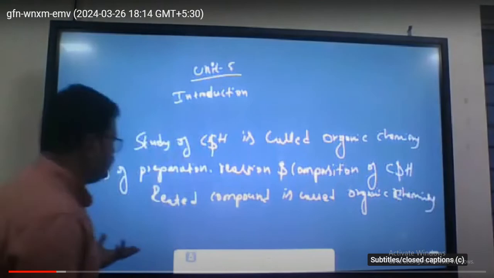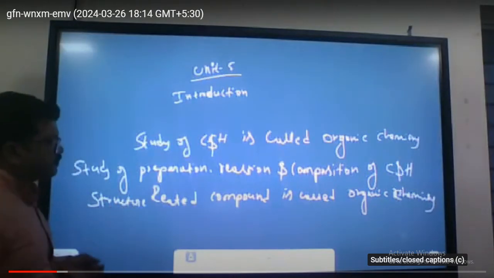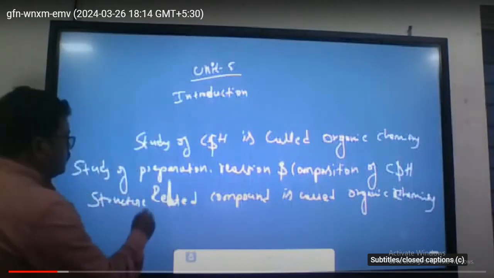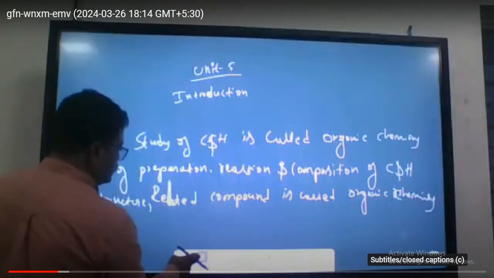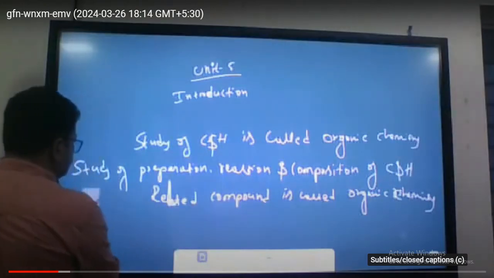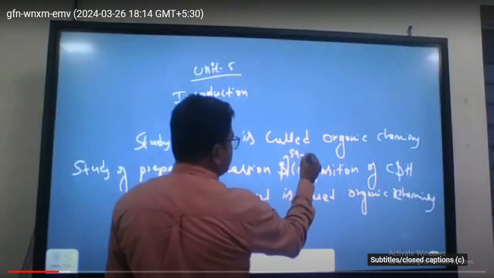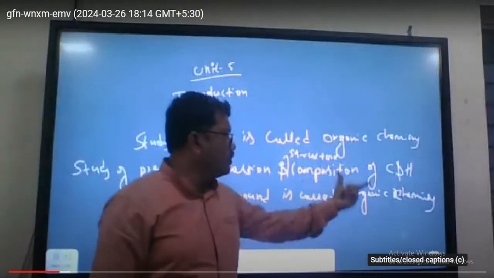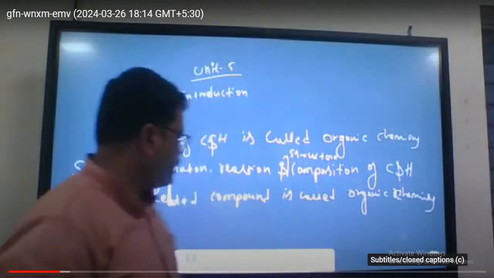One more, you can take structure also. So preparation, reaction, structure and composition of carbon and hydrogen related compounds is called organic chemistry.